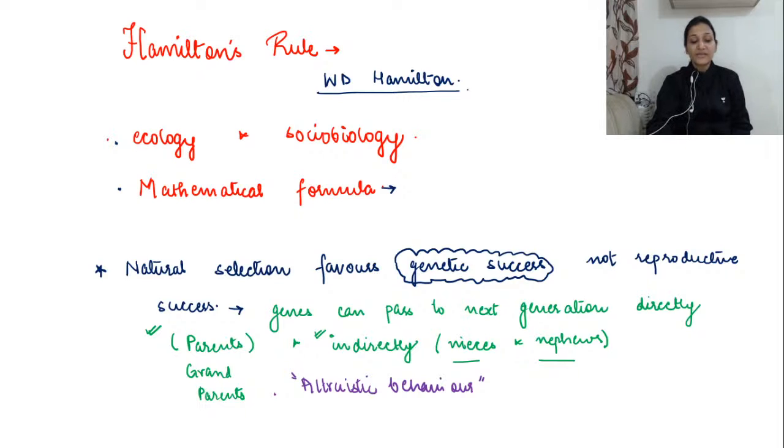So if it is going to help others as well, what is the coefficient of relatedness? What is my relatedness to my offspring? And my relatedness to my half siblings or my cousins or my nieces, nephews, uncles and aunts, what is that? That is the thing we should now see, the coefficient of relatedness.